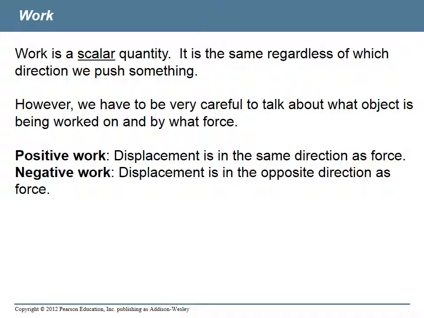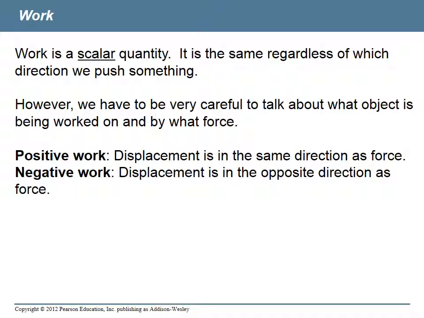Because I am pushing it in that direction. But there's still some work done by friction. Would I say that the work done by friction is exactly the same as the work done by me? Well, the magnitudes would not be the same, and we wouldn't say the direction is the same either. So we have to be very careful about what object is being worked on and by what force. I said the magnitudes won't be the same. I'll talk about that in a second.